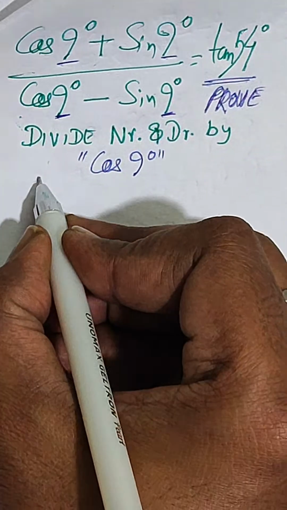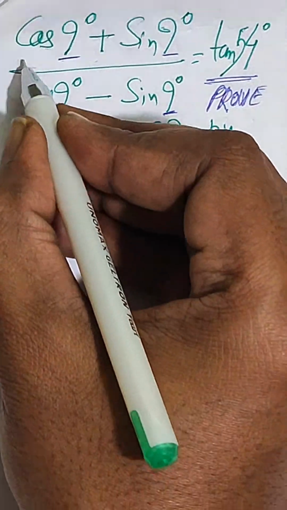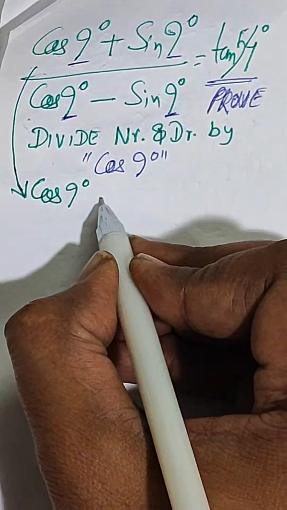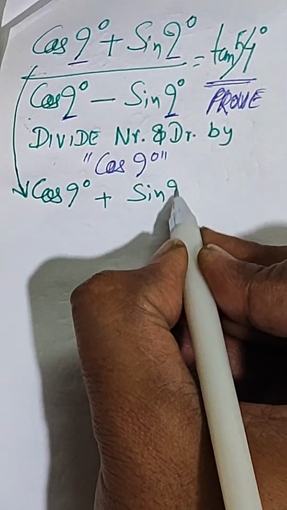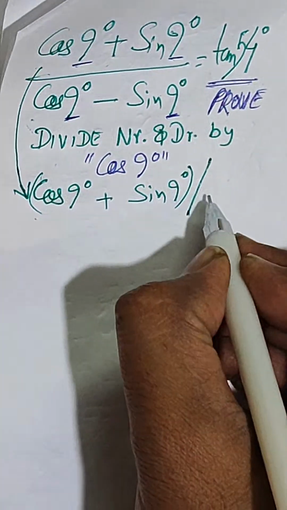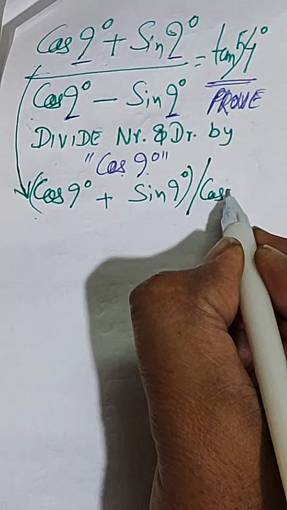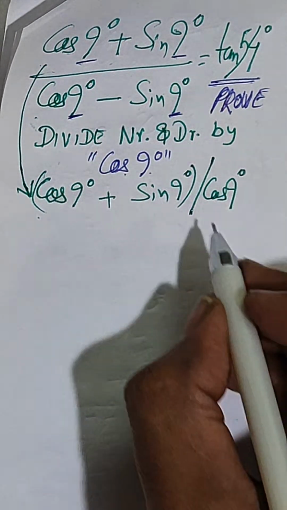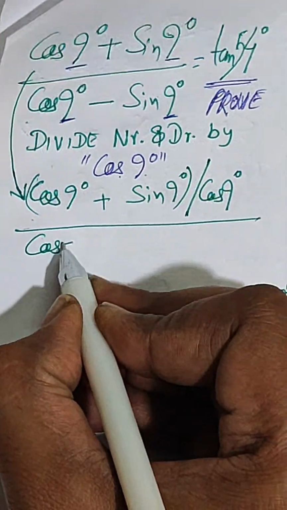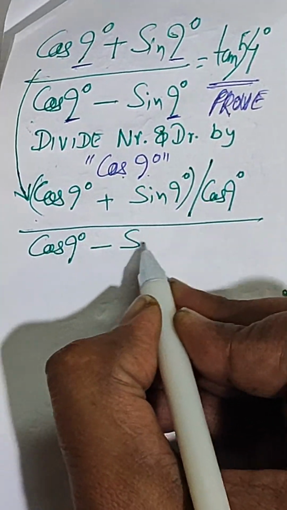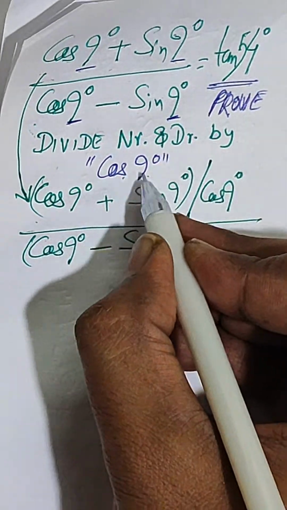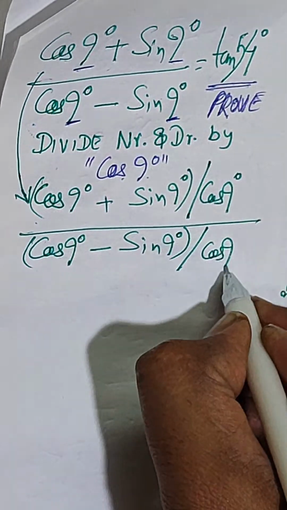So if you take the LHS again, it will be (cos 9 degree plus sine 9 degree), all this divided by cos 9 degree, and in the denominator we have (cos 9 degree minus sine 9 degree), whole this divided by cos 9 degree.